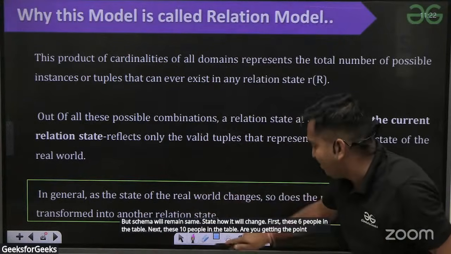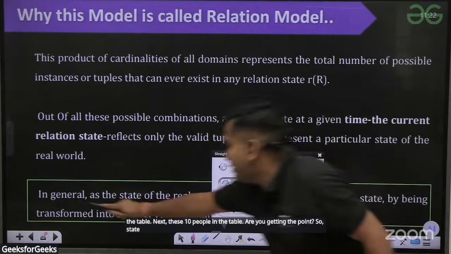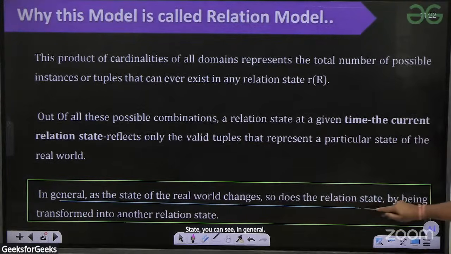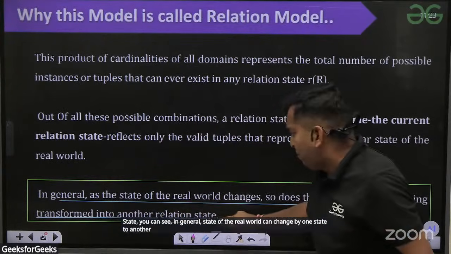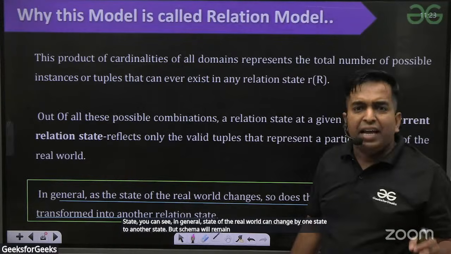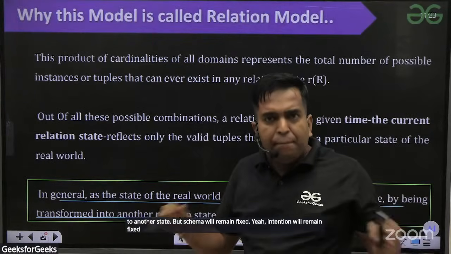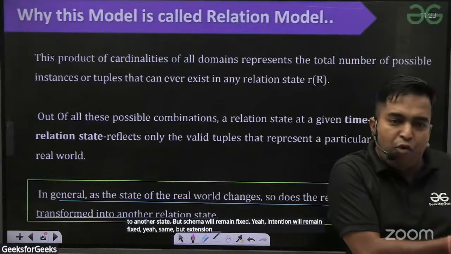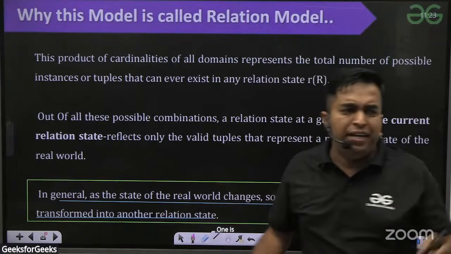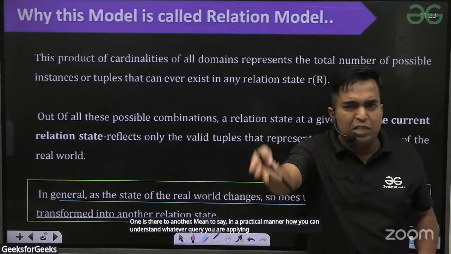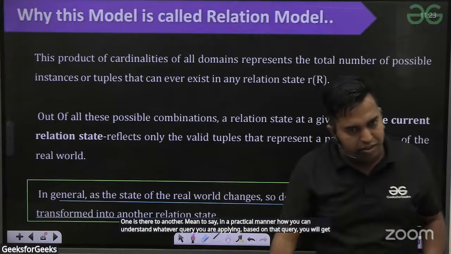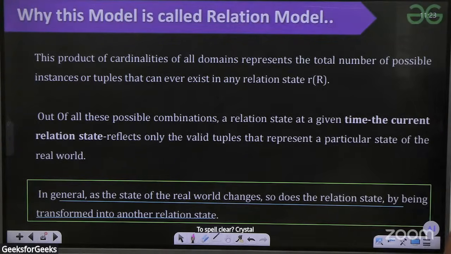So the state can change from one state to another, but schema will remain fixed. Intension will remain fixed, but extension or relation state can be changed from one state to another. In a practical manner, whatever query you are applying, based on that query you will get the output. Crystal clear now? The state can be changed from one state to another state.